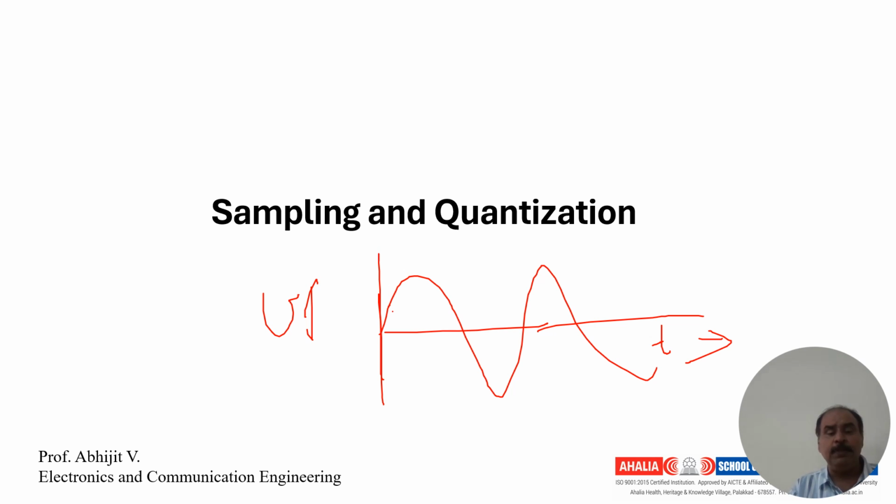Let me change the color of the pen so that, see, these are certain points. I am selecting certain points from this particular analog signal so that I am going to work with these samples. The samples will contain a function of the time and the amplitude. So we are converting this analog continuous signal into discrete points of time. This is known as sampling.